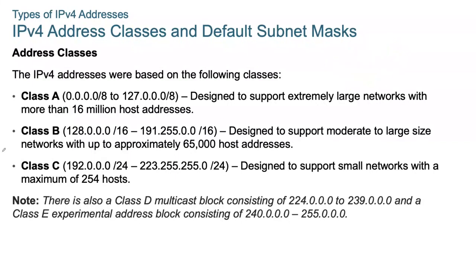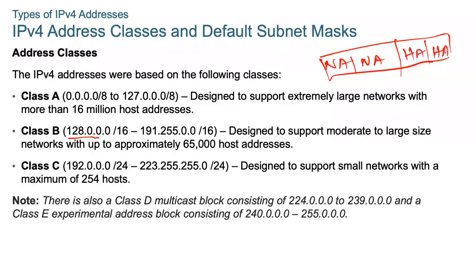If you go to the class B address, it starts from the next address, where 2 bytes are used. That means the first 2 bytes are used for your network address purpose of your IP addresses, and the next 2 bytes are used for your host address purpose. So how many hosts it can accommodate means 2 to the power of 255 to the power of 255.